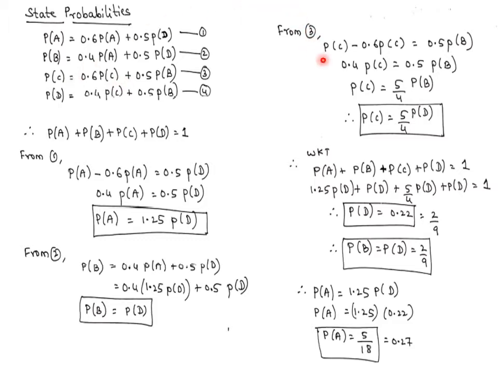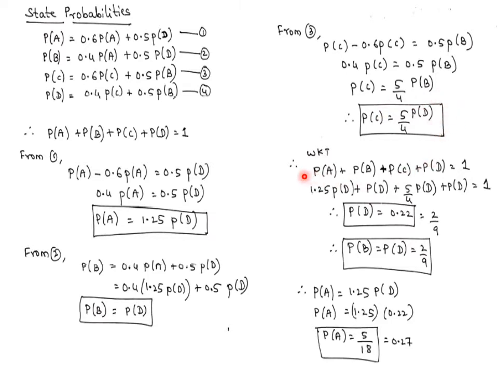We obtain P of C minus 0.6 P of C equals 0.5 P of B. Simplifying, we obtain P of C as 5 by 4 P of D. As you can observe, P of A, P of B and P of C are all represented in terms of P of D.